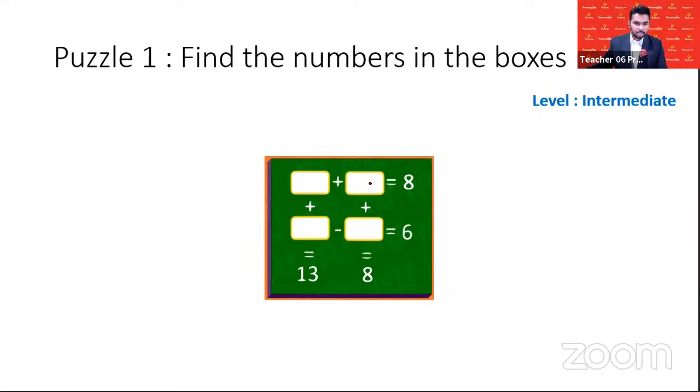You can see numbers 8, 6, 8, 13. I'll just help you with some variables. You can put this variable as x, this as y, this as u, and this as v. If you have learned solving linear equations, this would be an easy question for you.